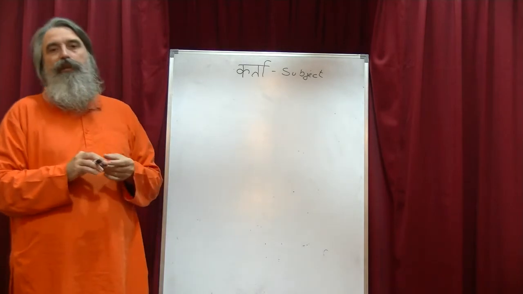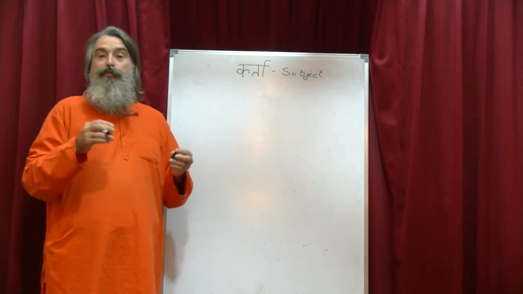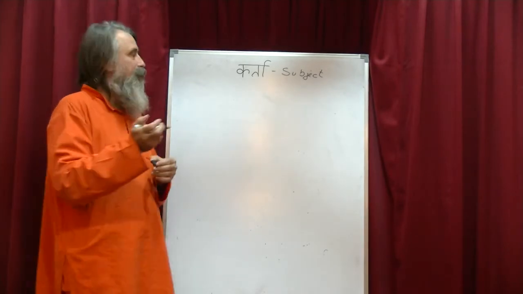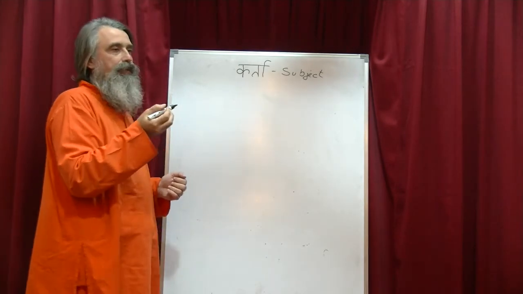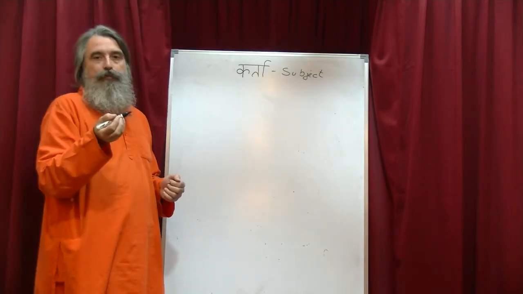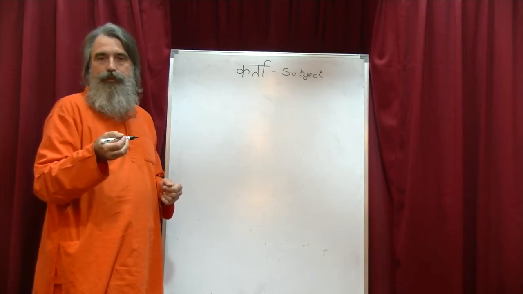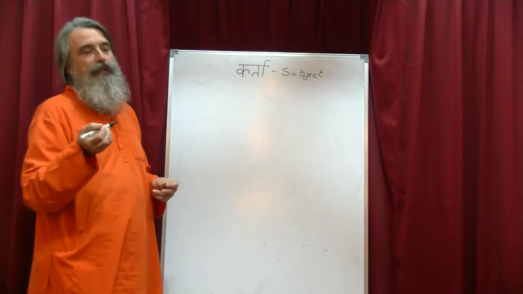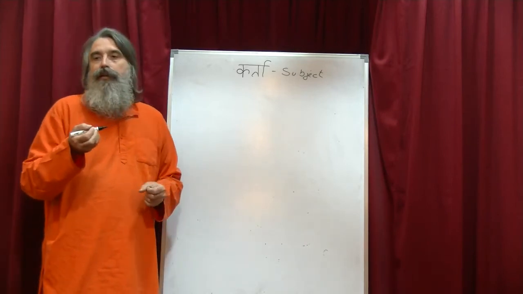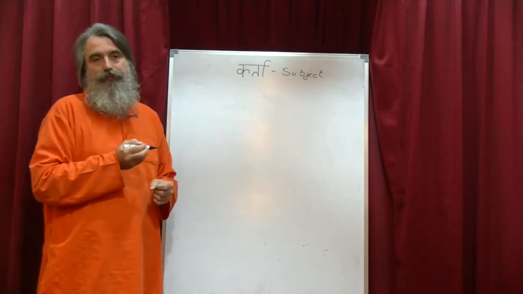Those personal pronouns are always useful to know in case you forget anybody's name. In Sanskrit we have three genders: masculine, feminine, and neutral. And unfortunately for us, there are three numbers: singular, dual, and plural.